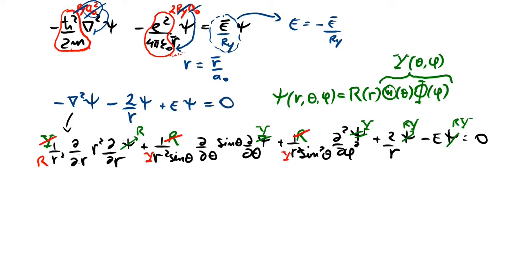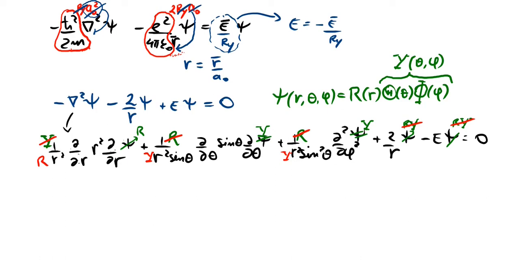I will put R and Y here in the bottom, which should cancel this and this, right? And now I can still multiply everything by r squared, because you're going to see why this is interesting right now.